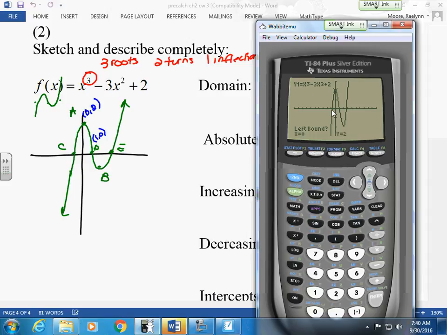Where this is kind of tight right in here, just move your cursor to the left, cursor to the right. It's got to look right in between those arrows. And there's my max. That with the e to the -6, that means move your decimal point 6 places to the left. It's just a scientific notation number. That's a 0. Your calculator does weird things. So there's my point 0, 2. That's my max.